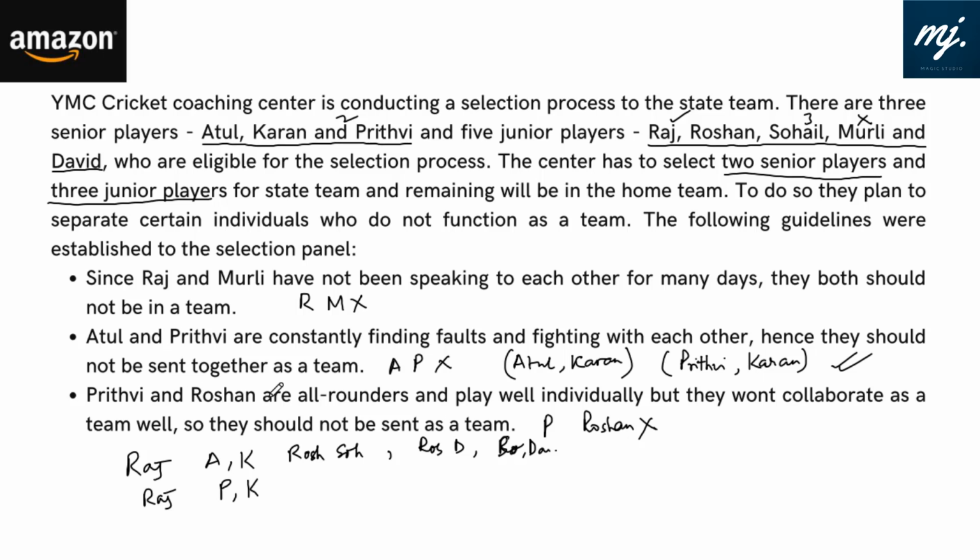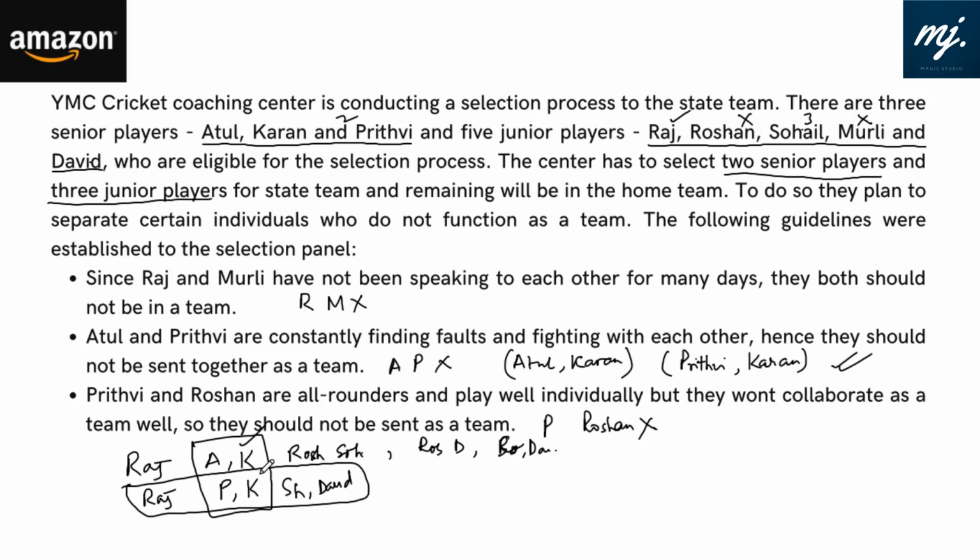And if Raj, Prithvi, Karan is there, then with Prithvi, Roshan cannot be there. Roshan is also out. Then only Sohail and David. So we are indefinite about whether it should be Roshan, Sohail, Roshan, David or Sohail, David.